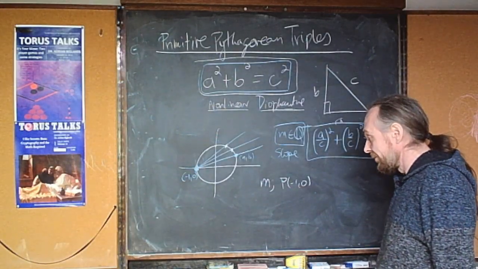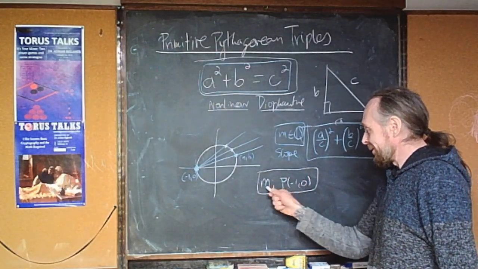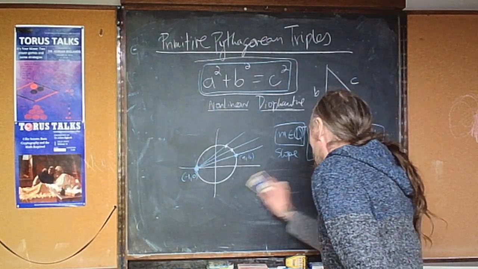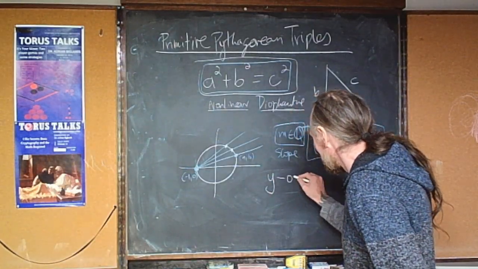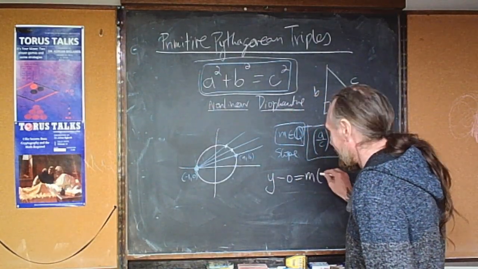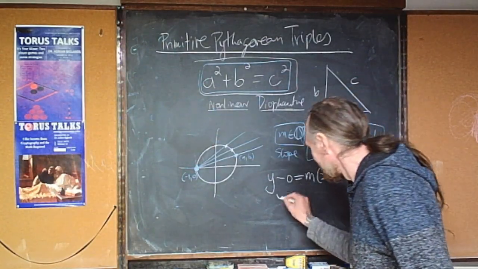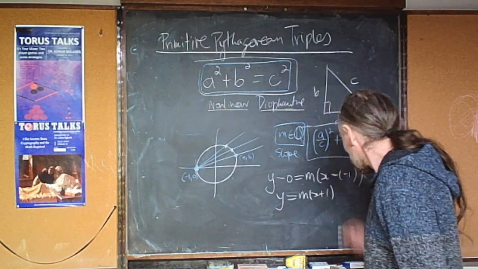Which one would you use? We're going to use the point-slope form of a line. That's going to say y minus 0 equals m times x minus -1, or y equals m times x plus 1.